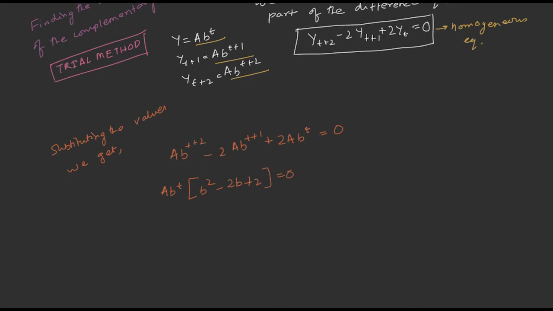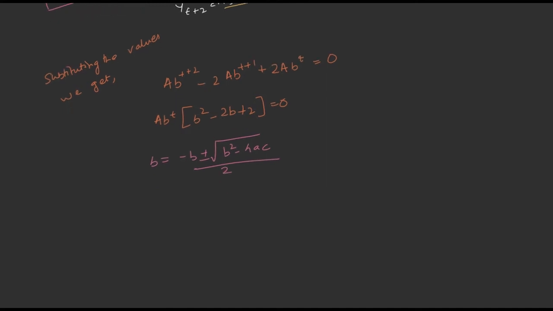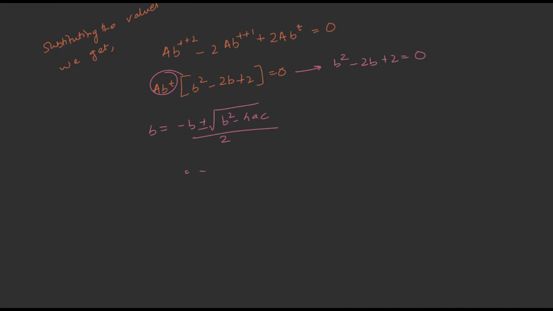Now we know how to solve this. We have learned it previously. Sorry, I had not written the equation: b square minus 2b plus 2 equals 0, because this other part, as you know, will be 0. Now we are finding the values of b.